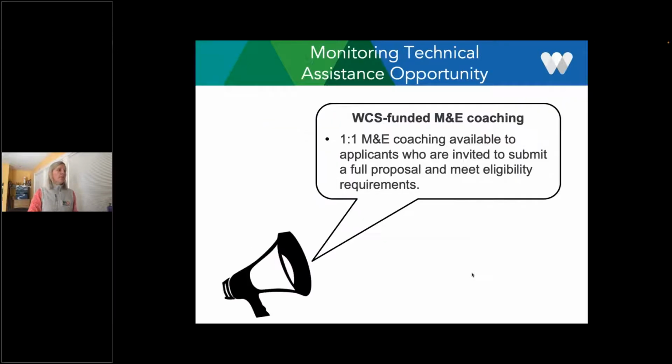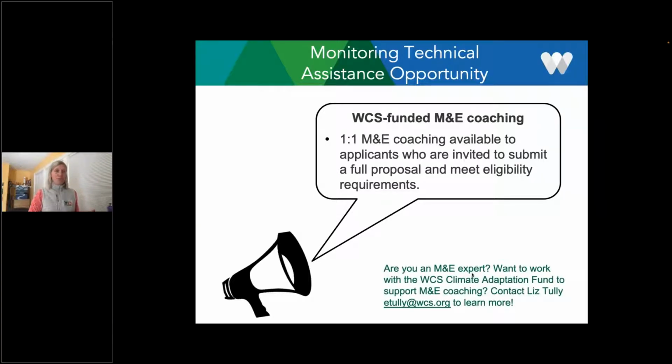And so we have included in our grant program opportunities for eligible groups to raise their hand and say, we could use some additional monitoring and evaluation coaching to help us develop those plans.